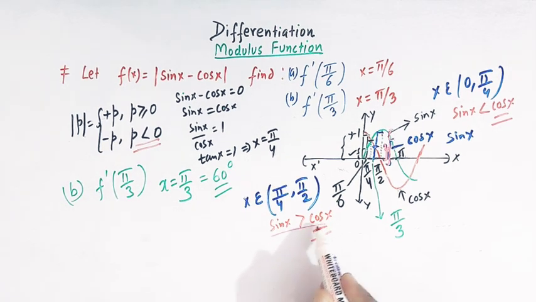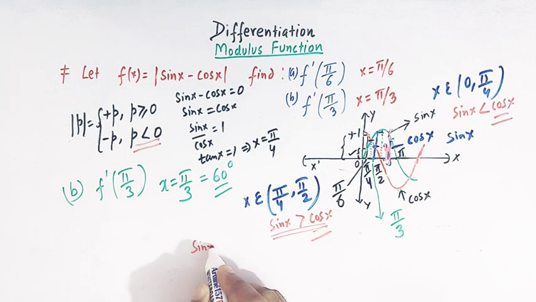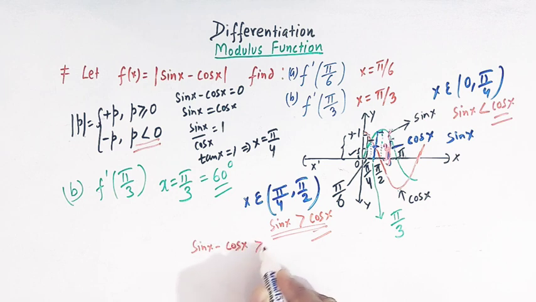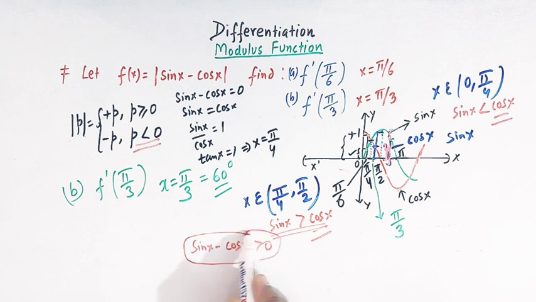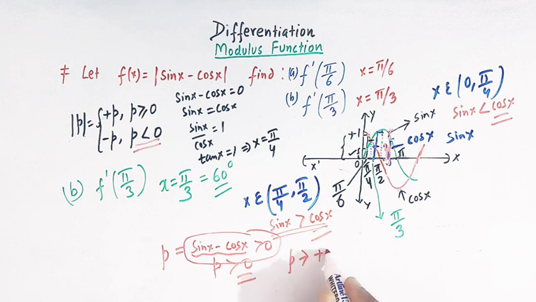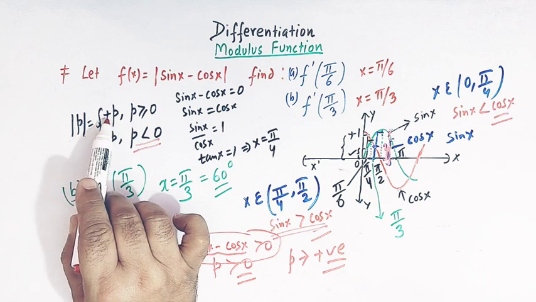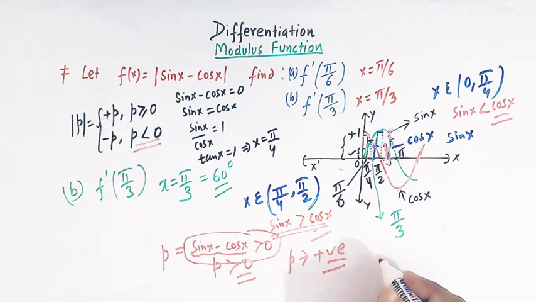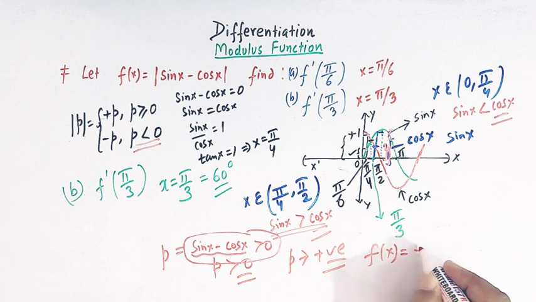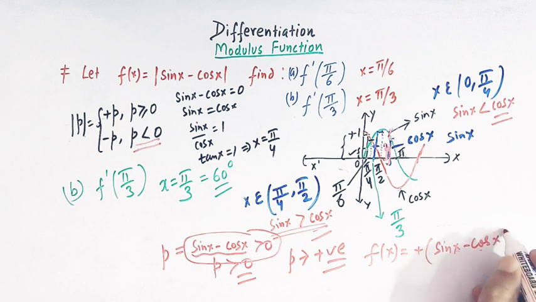So now from this inequality, we can see that sine x minus cos x is greater than 0, taking cos x to this side. It means if we take this quantity as p, then p is greater than 0, that is, p is positive. So whenever p is greater than 0, then mod of p is equal to positive p. So in this case, f of x is now equal to positive sine x minus cos x, right?